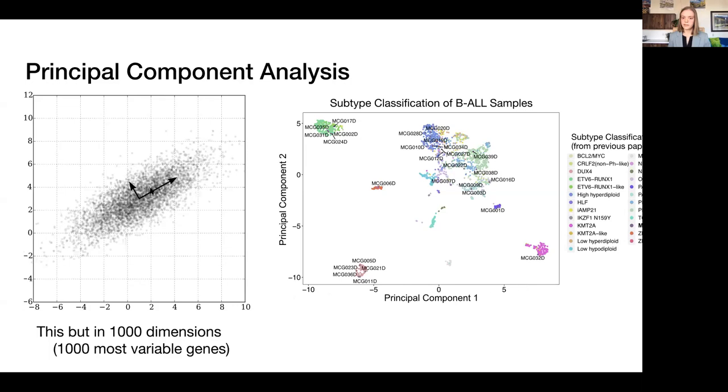And then you take the next axis that has the second most variability after eliminating the first axis. So that would be principal component 2. That is how I get this plot for identifying the subtypes for the BALL samples. But there's just a package that I used in R to actually do it and make the plot.